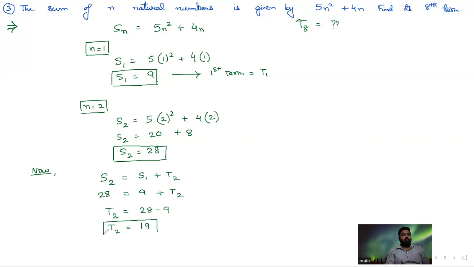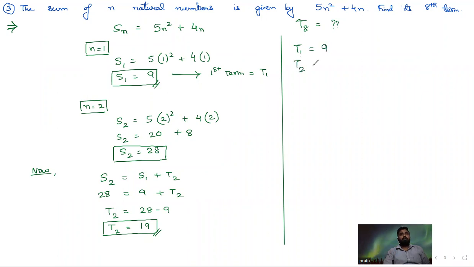From here you get your second term as 19 and the first term is 9. So just writing a little bit more. T1 is basically 9, which you got as S1. T2 from the necessary equations, you could find that out to be 19.